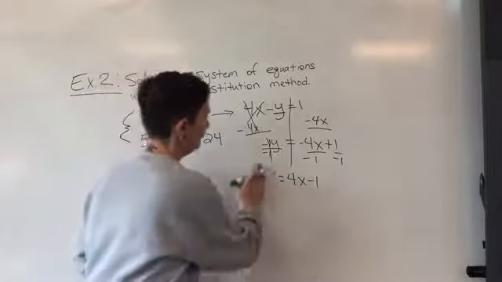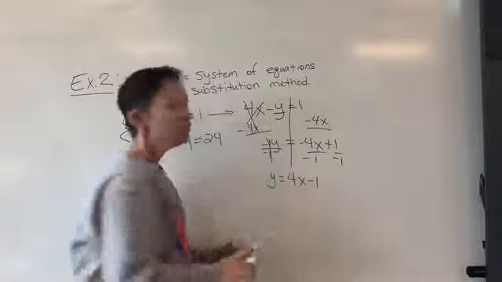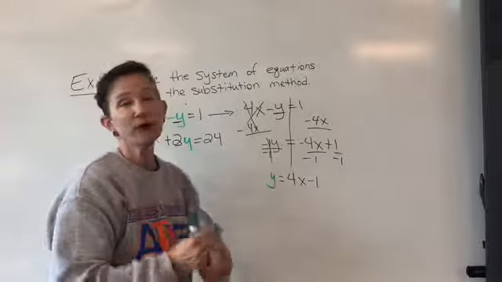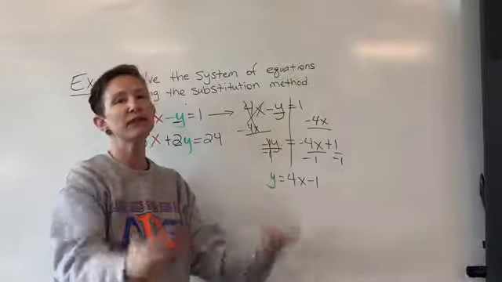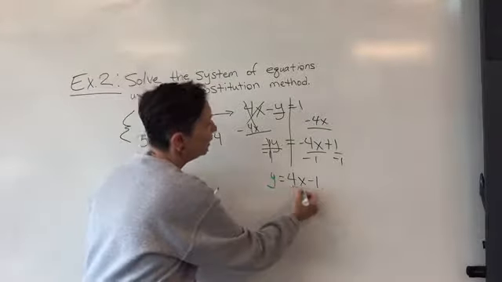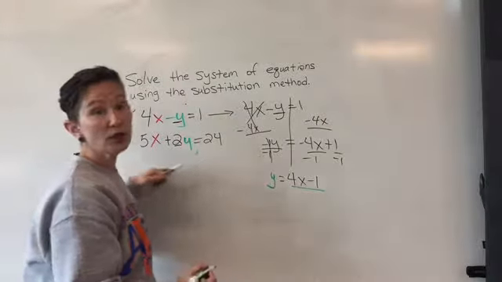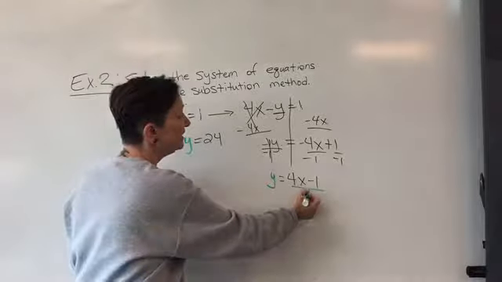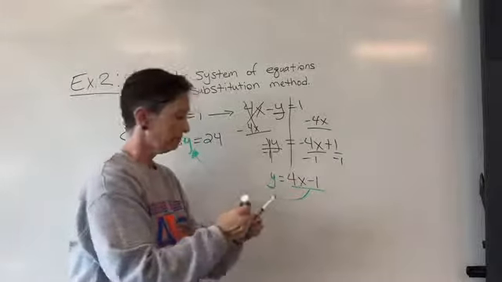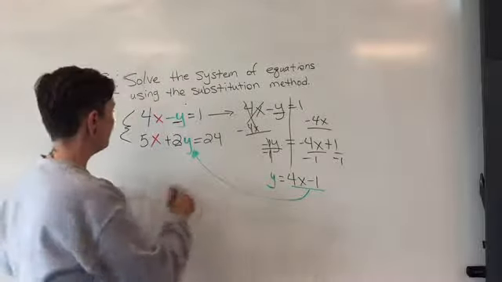So that's this y equation. Once I have y solved for itself, I can substitute that into my other equation. So anywhere in this second equation I see a y, I'm going to replace it with 4x minus 1. So here's what we get.